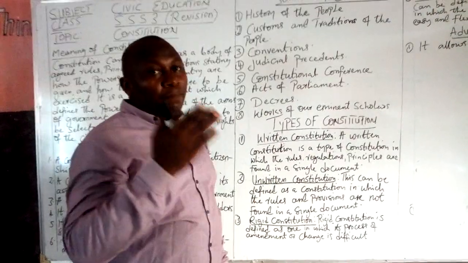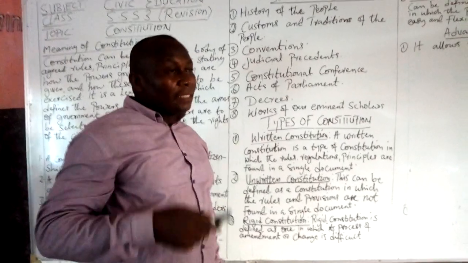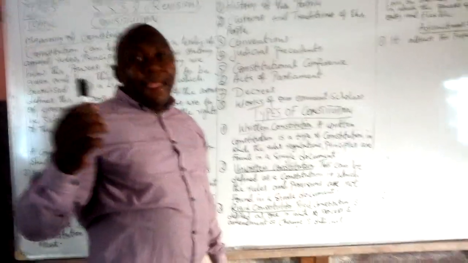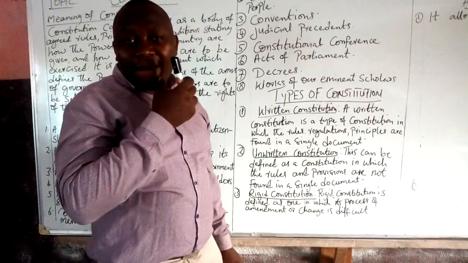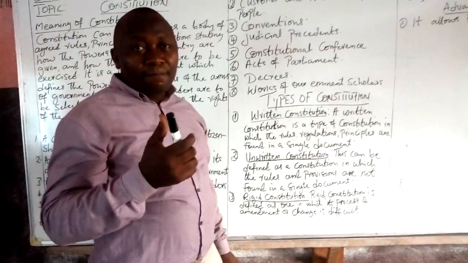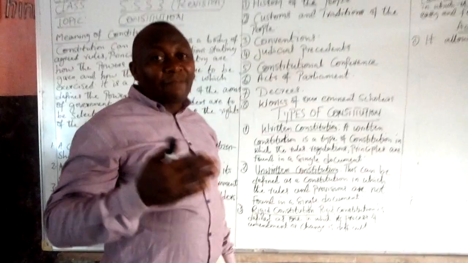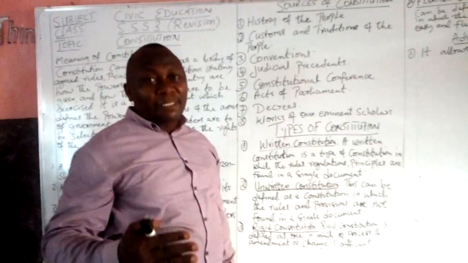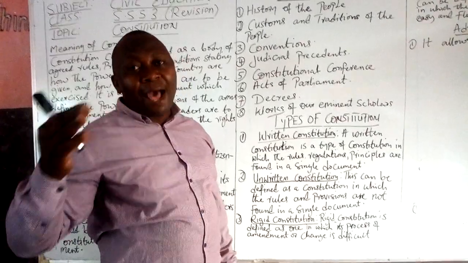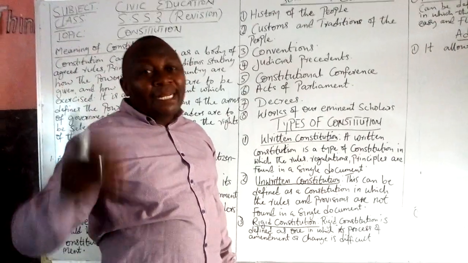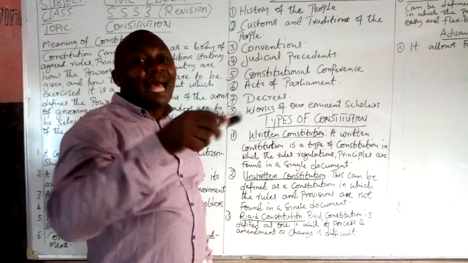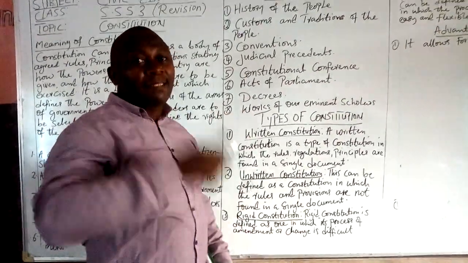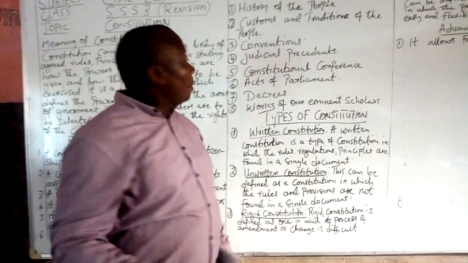For instance, in the last electoral election, where a governor was removed in Imo State, the outcome of that judgment can serve as a judicial precedent. What happened in Bayelsa? If such a thing happens in another state in future, the electorate can refer to that and say, okay, this is how that case was judged. It can serve as a judicial precedent.